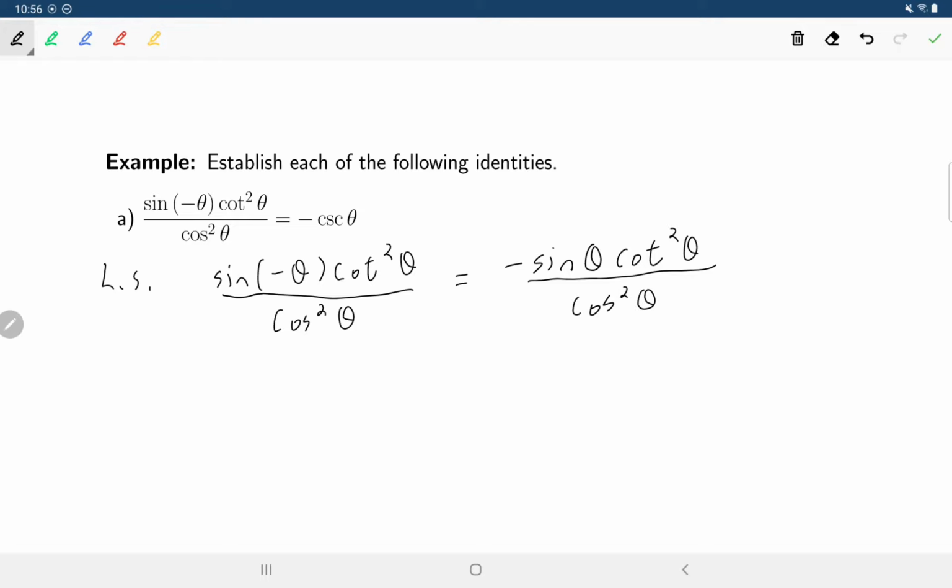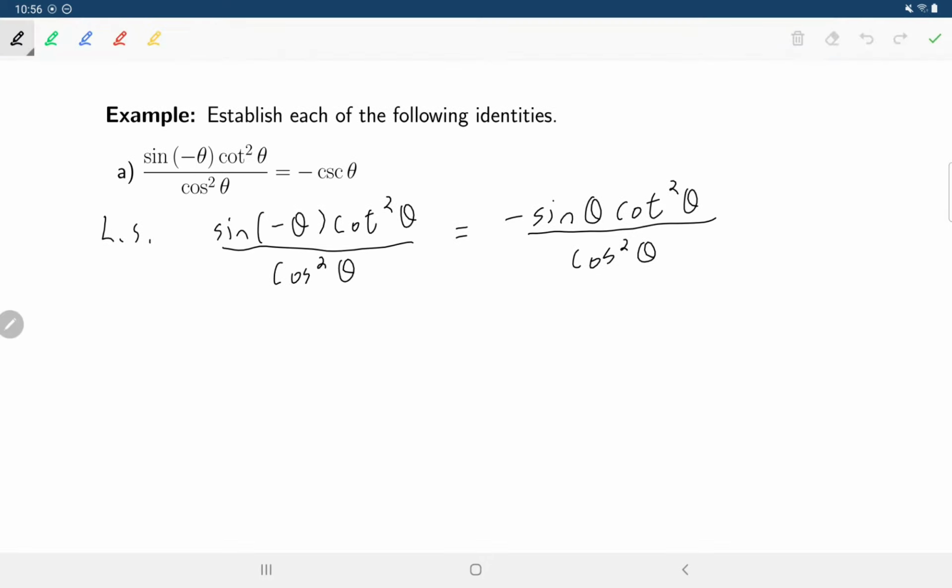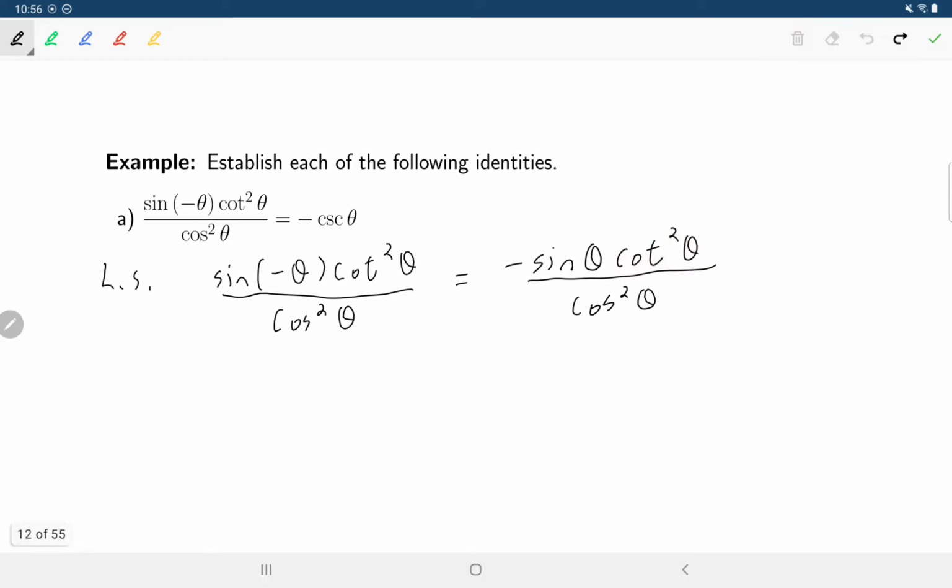All right, so we're getting part of the way there. So what do we have next? Well, again, you've got multiple options as to what you might consider doing. I'm going to think about this, that we've got cotangent that I could write in terms of cosines and sines. So that's what I'm going to do next. I'm going to rewrite this and say, well, we've got negative sine theta.